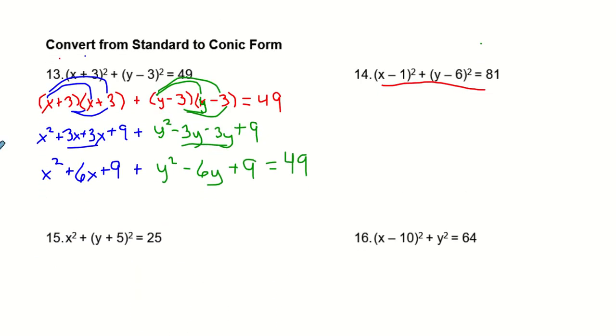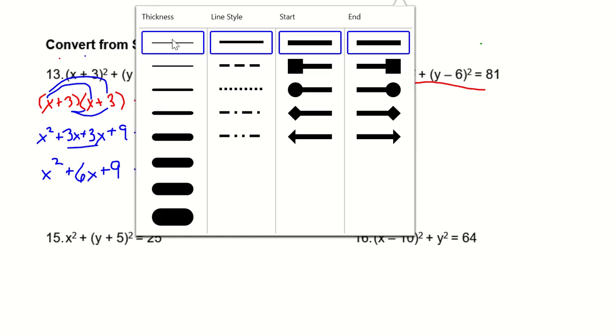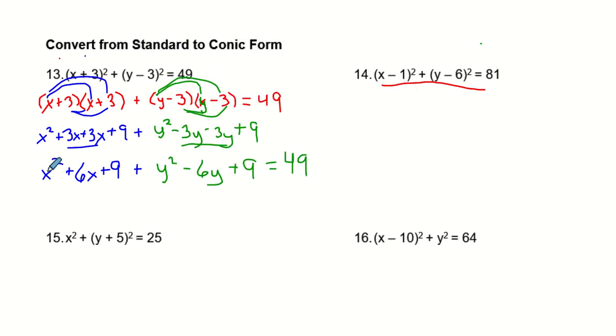What should go first is the x squared, y squared. So x squared is going to go first if I'm going to put it in conic form. And then y squared. So that's the first thing: x squared plus y squared. And then remember, something x, something y.